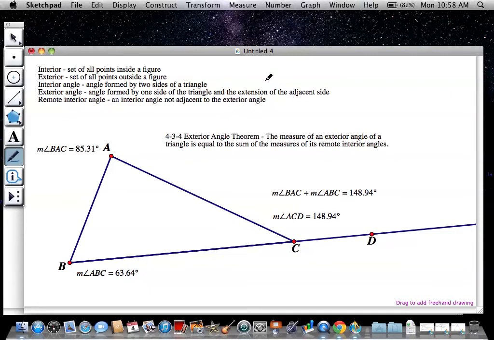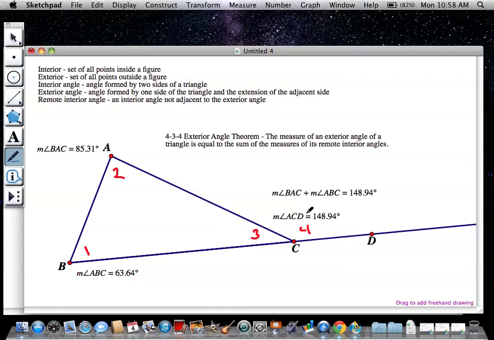So let's label these. I'm going to have angle 1, 2, 3, and 4. Since 1, 2, and 3 are inside, they are all interior angles of the triangle. 4 is an exterior angle because it's outside of the triangle. Now, notice the extension here. BC extends on further, so that's the extension, and they share AC.